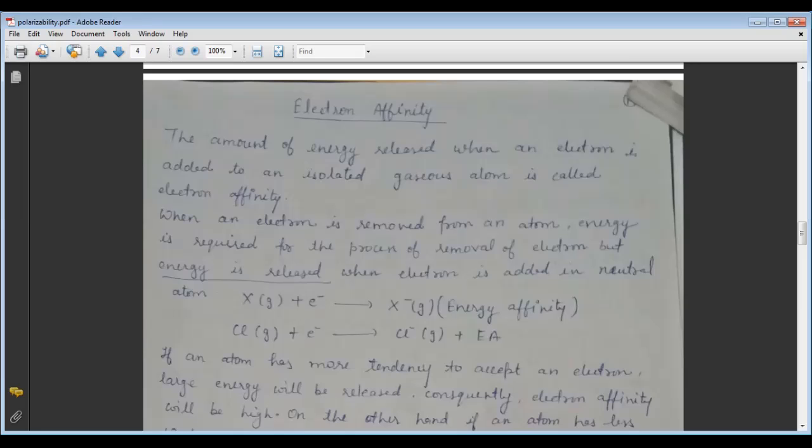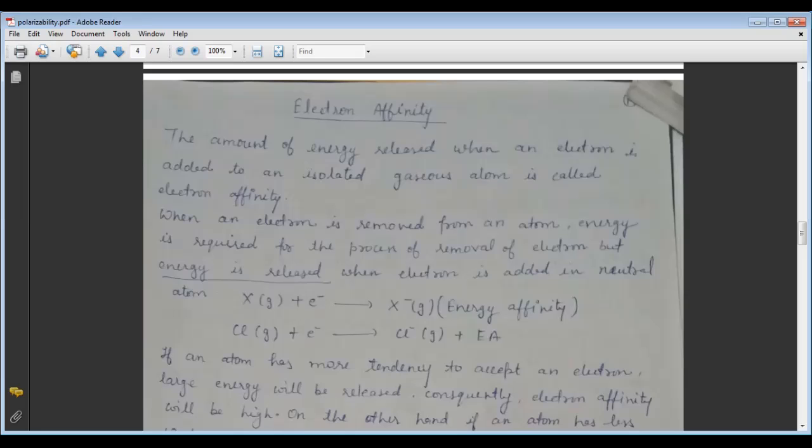When an electron is removed from an atom, energy is required for the process of removal of the electron, but energy is released when an electron is added to a neutral atom. Clear? So here X is the gaseous atom, and here is the electron.